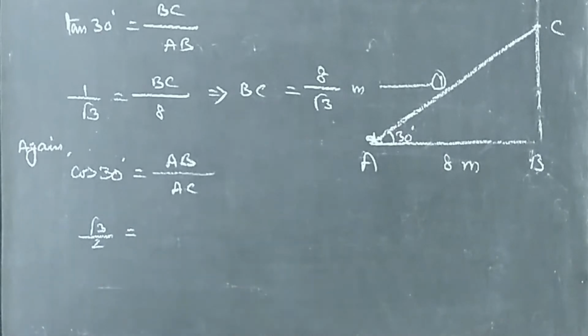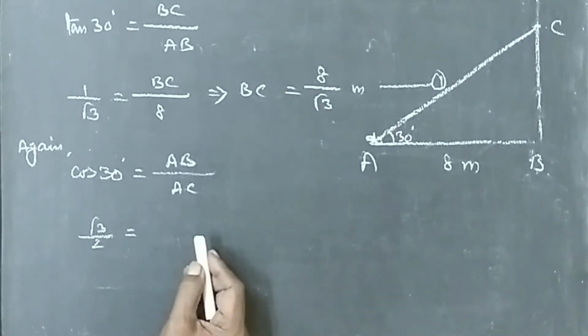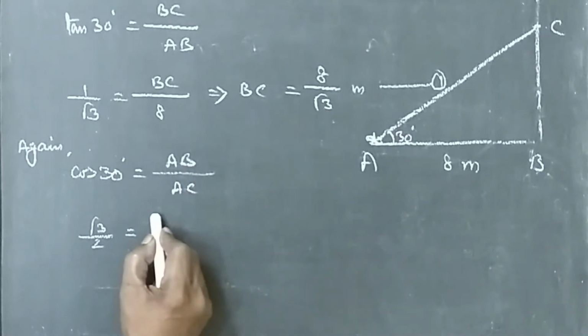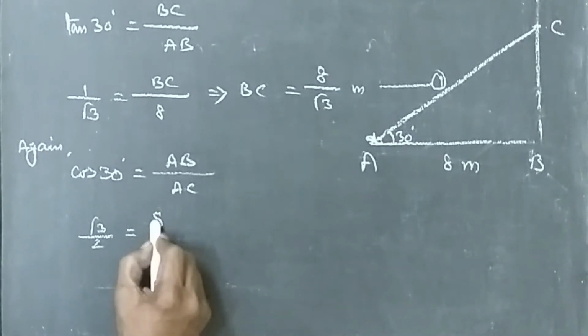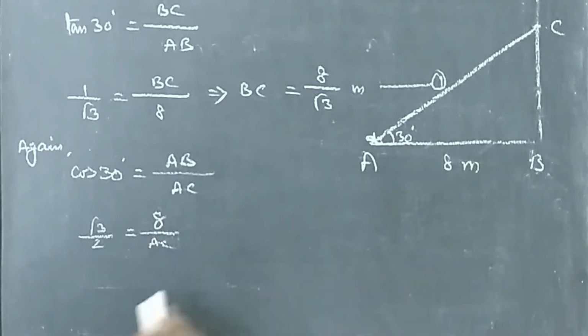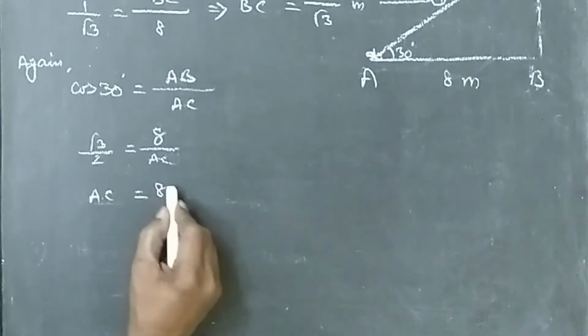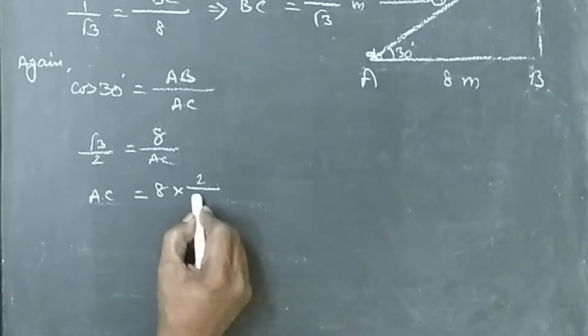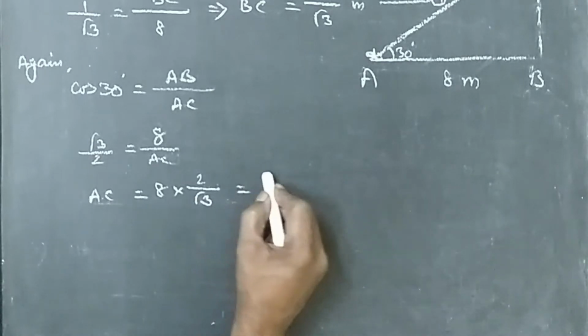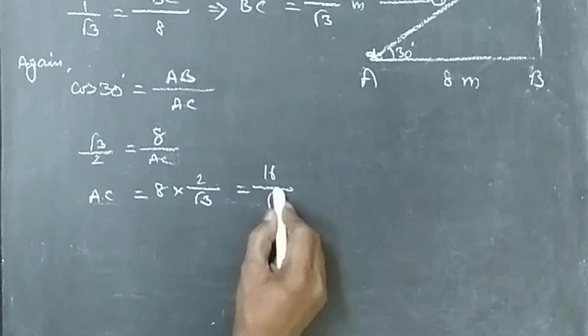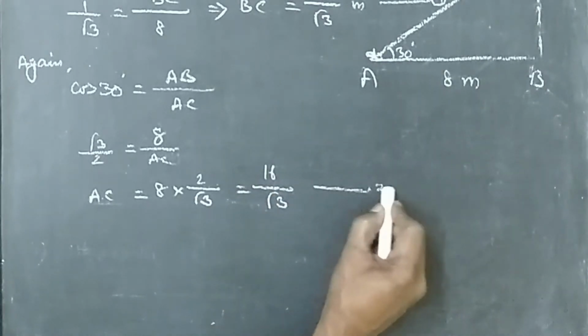This equals AB, which is 8, by AC. Now AC is equal to 8 into 2 by root 3. This is equal to 16 by root 3. This is 2.